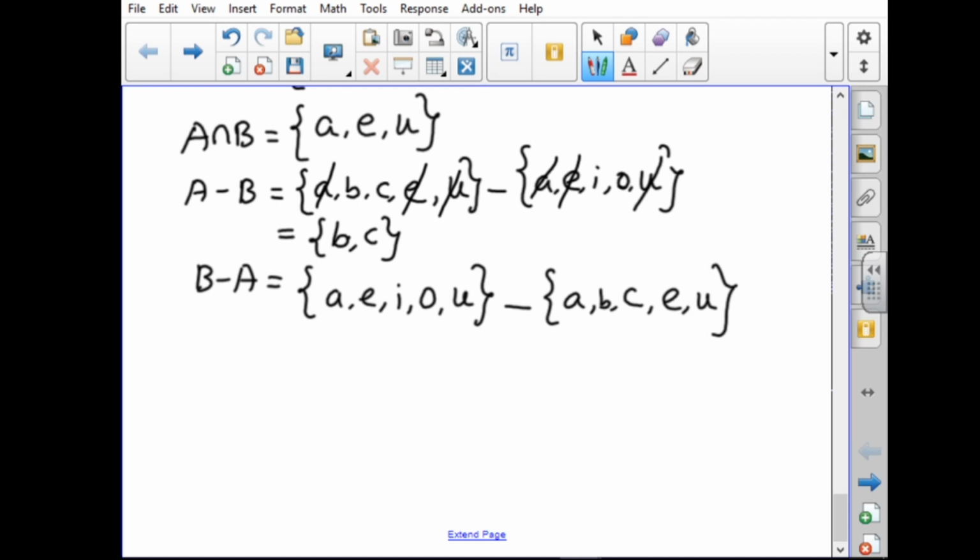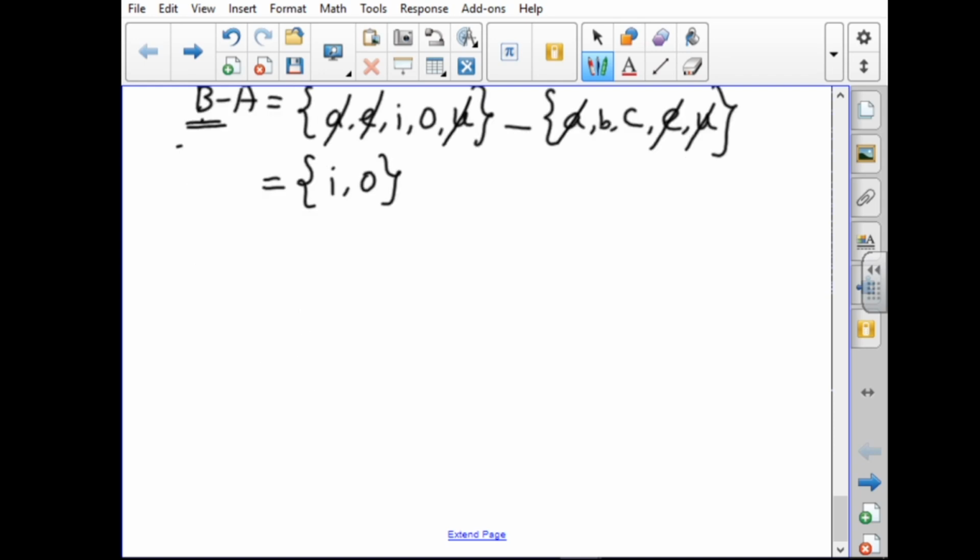So strike out A, then E, then U. Common elements you can strike out. What are the remaining elements of B? That you can check: I, O. This is the elements of B minus A.